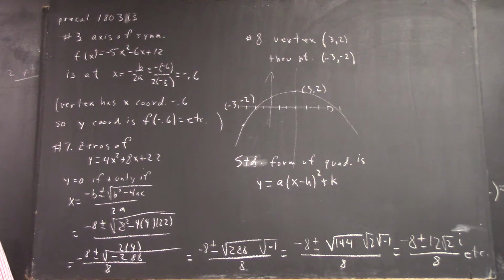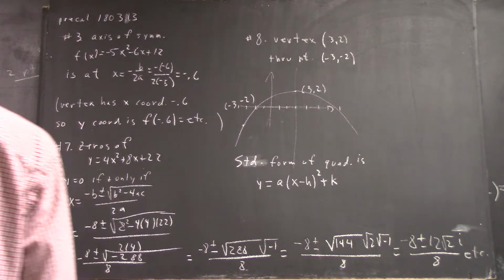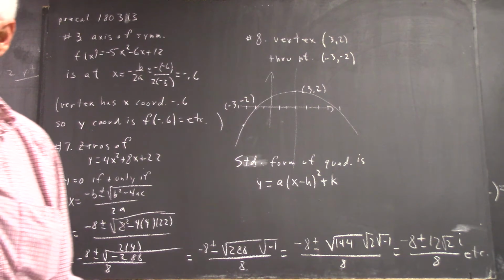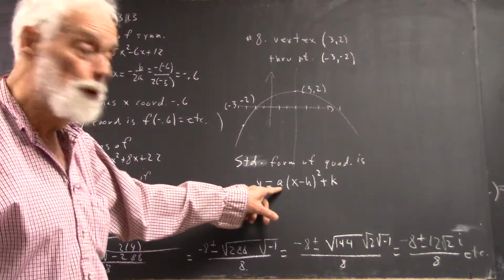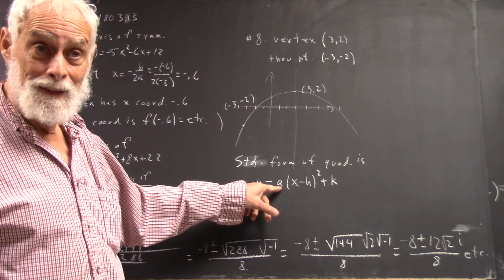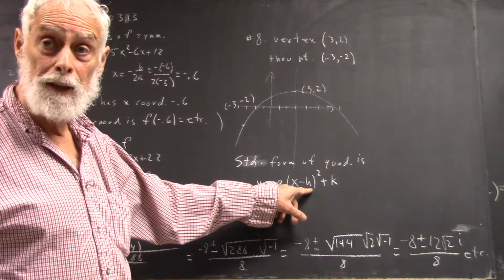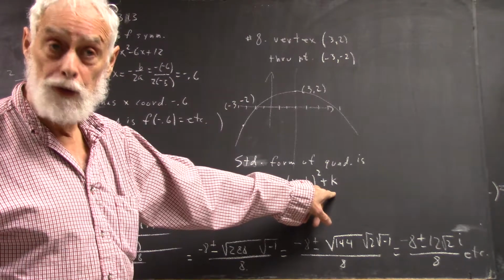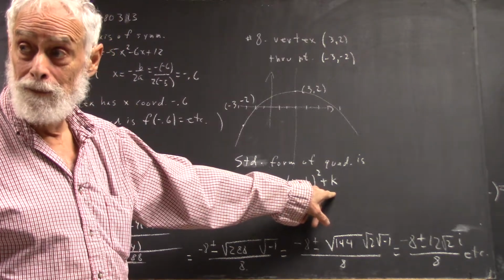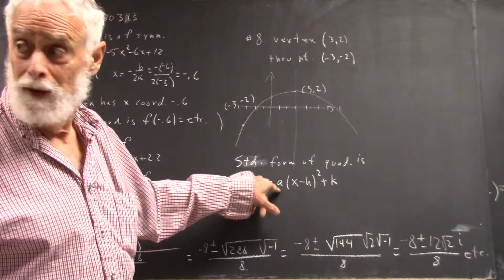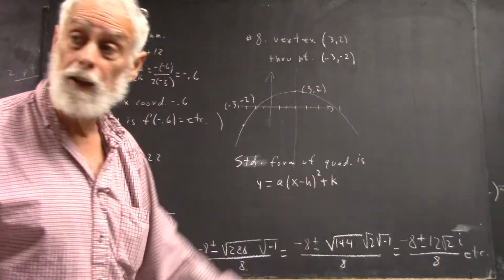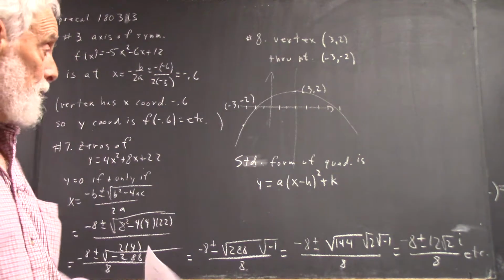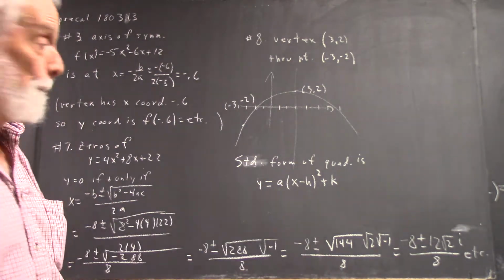Now that's exactly what we did when we started. y equals a times x minus h squared plus k. We got a parabola in this form by figuring out the vertical stretch, which is 0.015, the horizontal shift, which is 80, and the vertical shift, which was negative 20. So we've already seen an example of this. Well, there's your standard form.